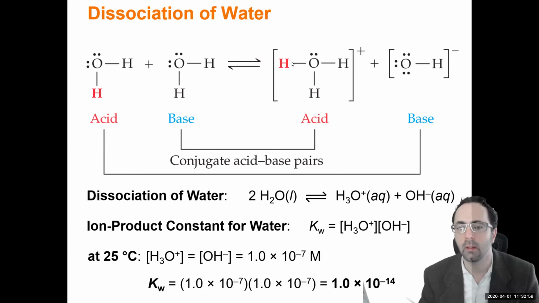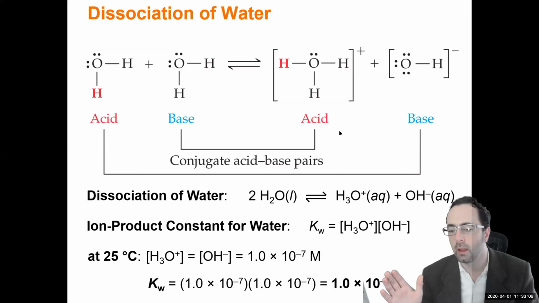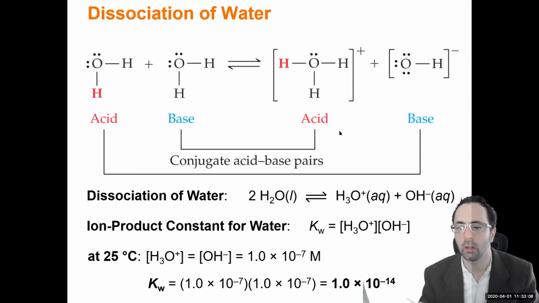And because there's this equilibrium here, there will always be a relationship in water between the concentration of hydroxide and the concentration of hydronium. It will be dictated by this equilibrium. So writing down the equation for this not in Lewis structures, but in regular terms, we have two water molecules, and as products we have one hydronium ion, H3O+, and one hydroxide ion.